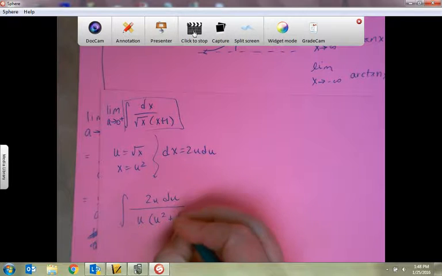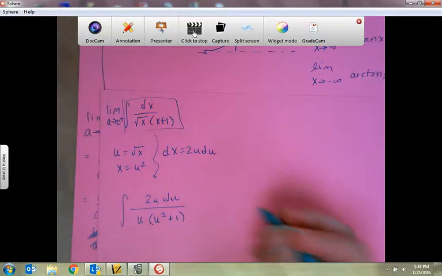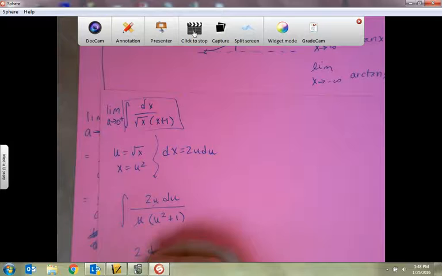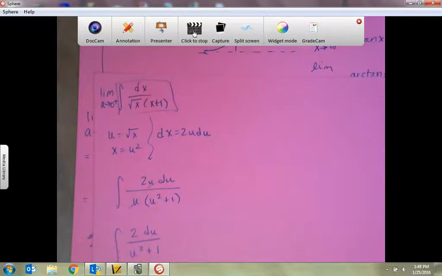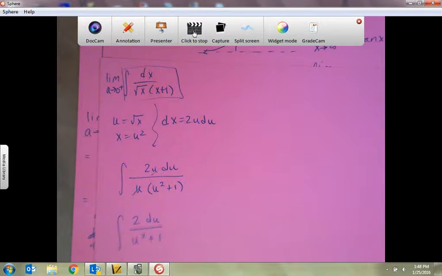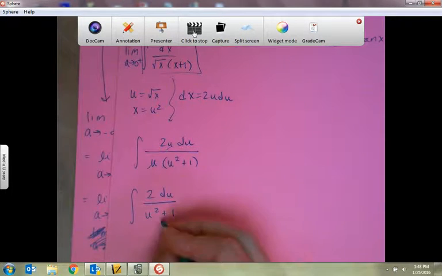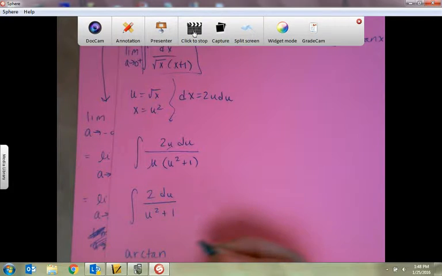So now let's go ahead and get it back with the bounds. My u was radical x, and that's just over 1, so that's just radical x. And we are evaluating that from A to 1.